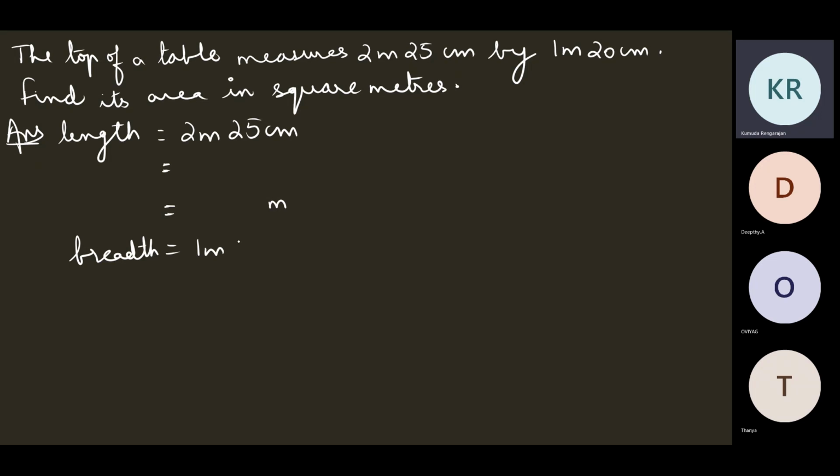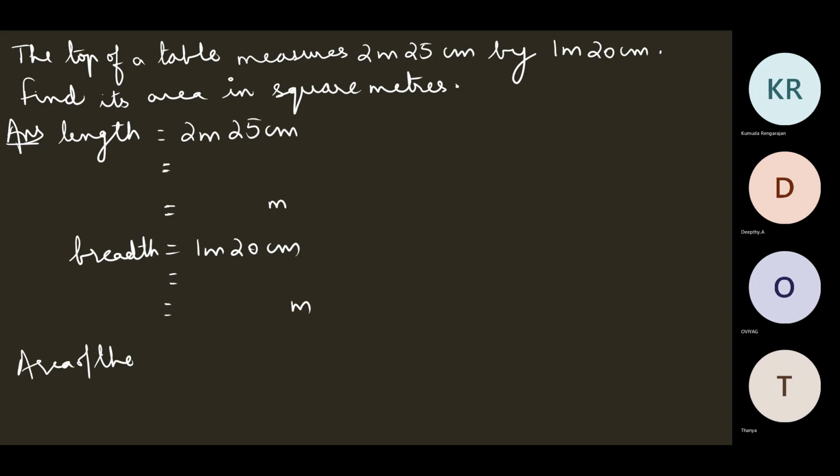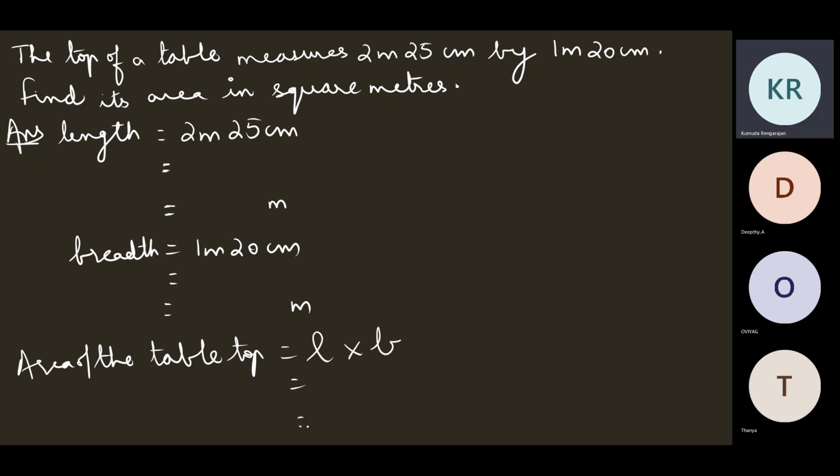Breadth is given to be 1 meter 20 centimeters. Please convert that also to meters. Then the next step is area of the tabletop is equal to length into breadth is equal to whatever is equal to meter square. Please fill this, children. I'll just come back in 5 minutes. Please complete this.